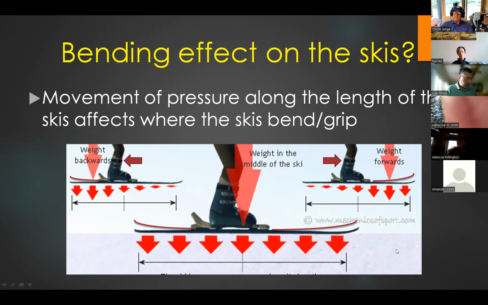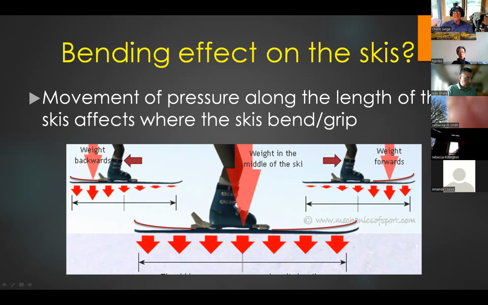Yeah. In fact, I was looking at some videos, and you could see that even Mikaela Shiffrin at the end of the turn has a straight ankle. She gets out of the turn because she's got to bend the back part of the ski to get it to grip.